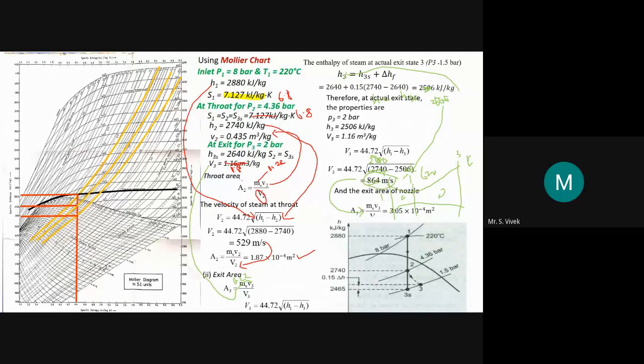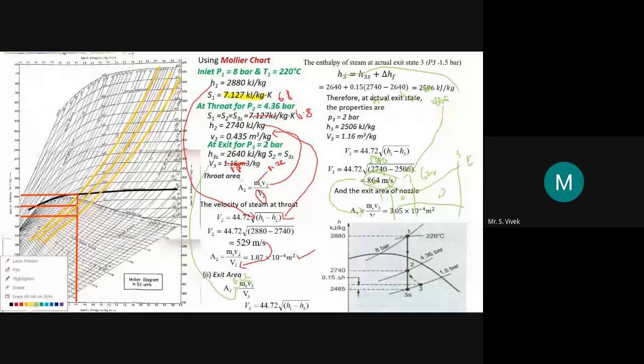Just one second, sir. The A3 value is 2.78 into 10 to the power 4, sir. Okay.